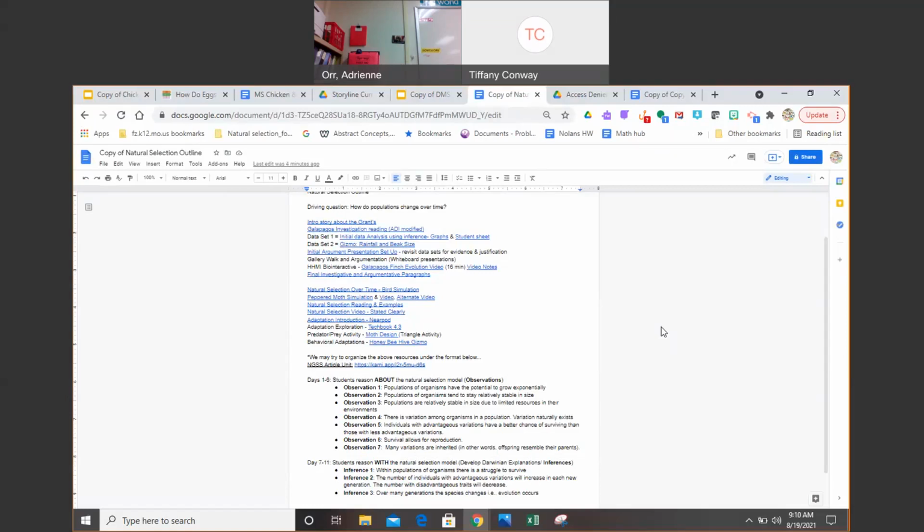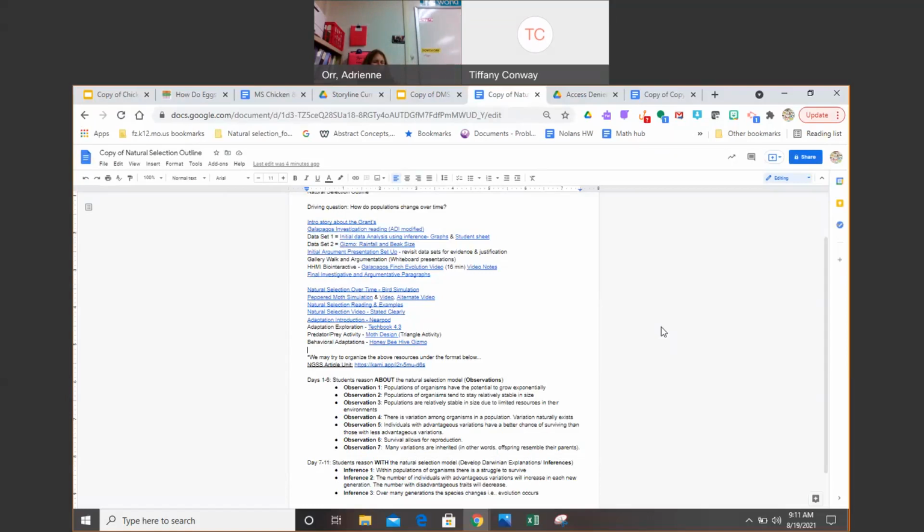And then the bird beak idea that came up. Caitlin in our CLT has a really cool activity with the finches where there are laminated cards and you give each kid one, about colors of finches. But it's all based on natural selection.